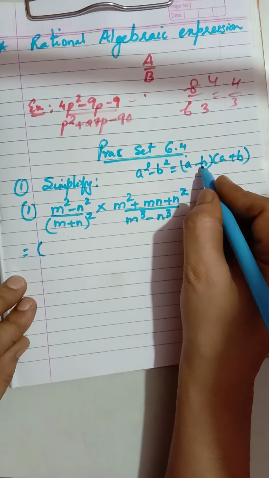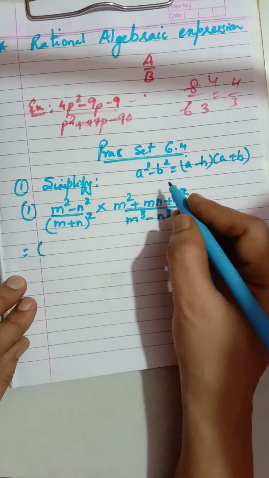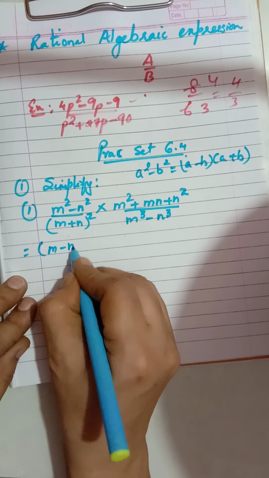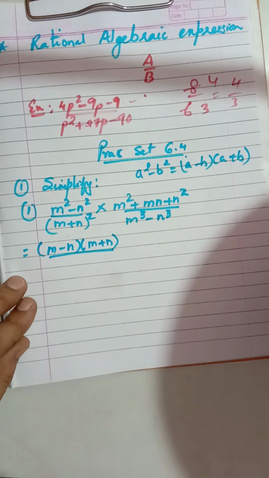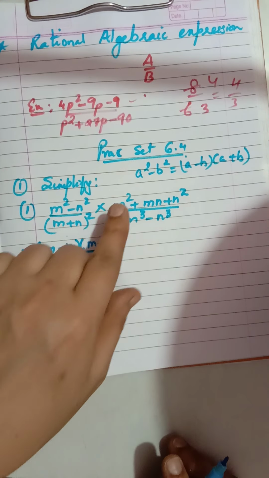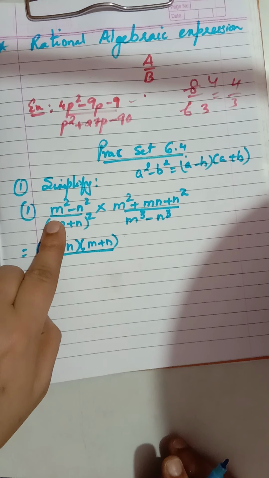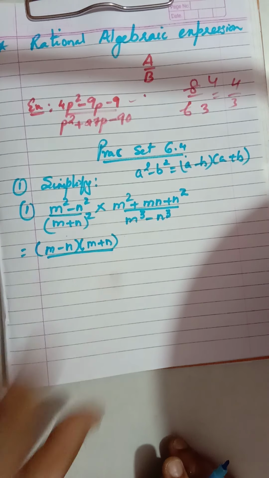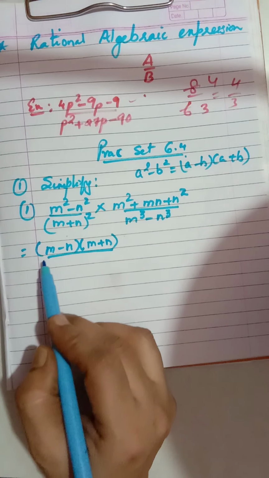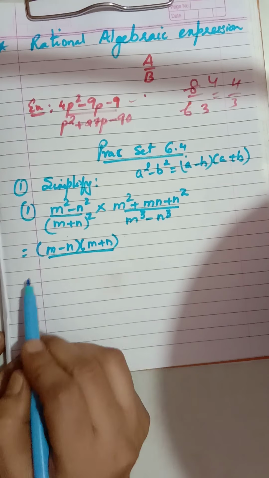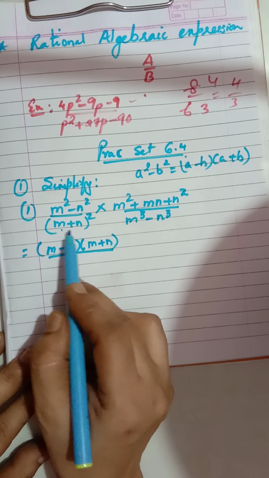M. Instead of b we have n. So it becomes m minus n first bracket, m plus n second bracket, upon m plus n whole square.